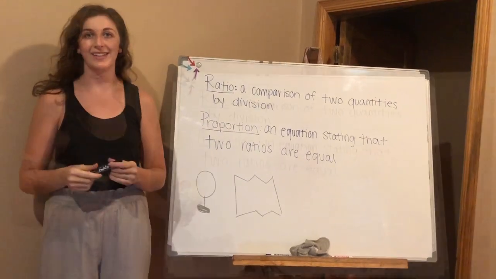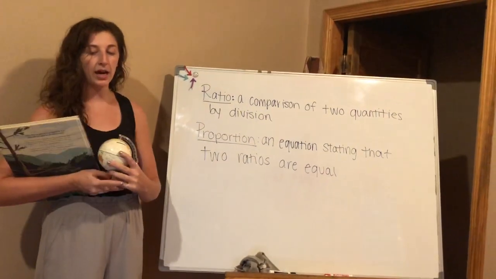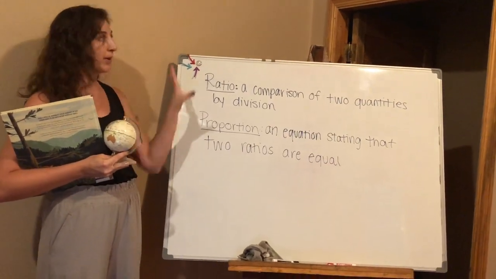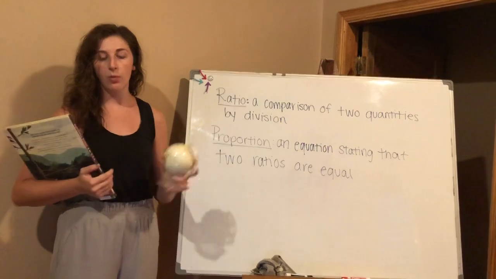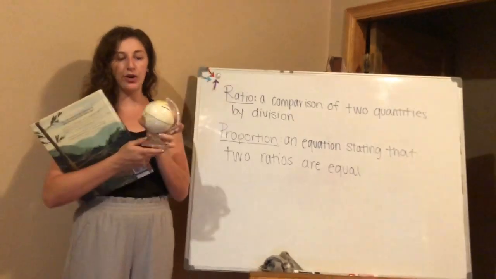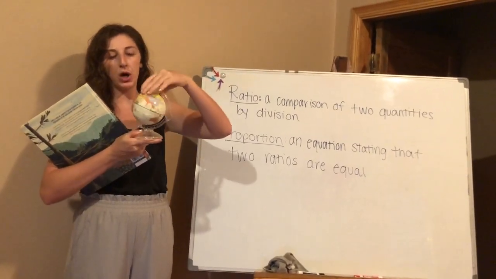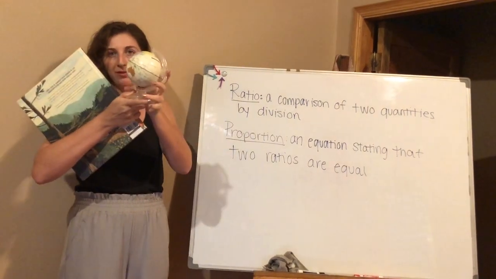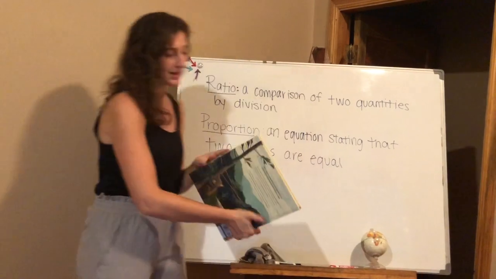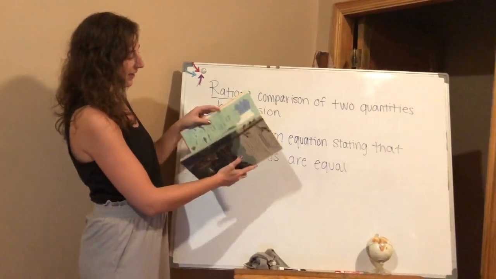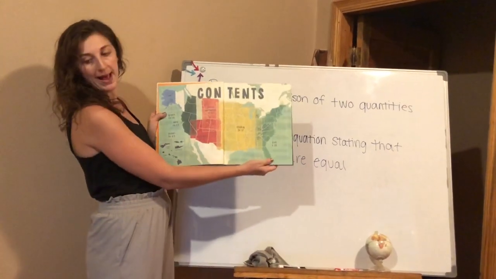Okay, so on your sheet, right under where it says ratio and proportion at the top, you have some pictures. One thing that you have is a globe, a ball or spherical map of the earth. We know what a globe is. And the second thing that you have is paper maps.